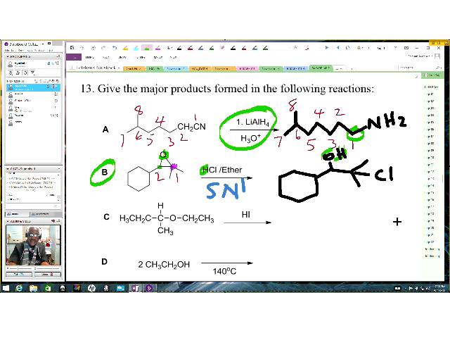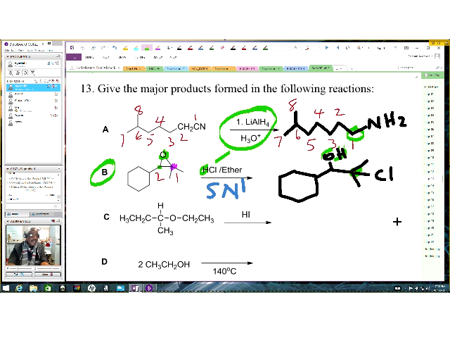And of course, the chloride attaches itself to carbon number 1, and that is why you see the chloride attaching to this carbon here. That is because you're starting off with an epoxide that has a tertiary carbon. In that case, you are going to get what we call an SN1 type substitution reaction.